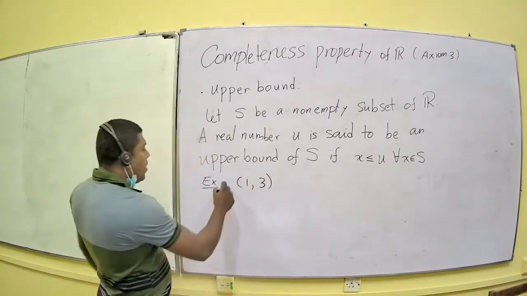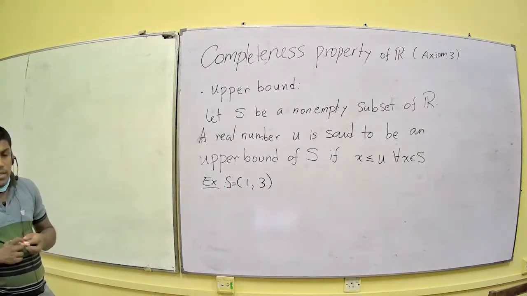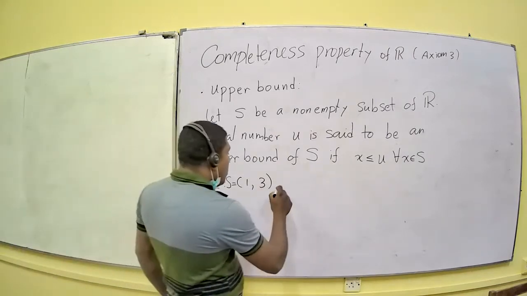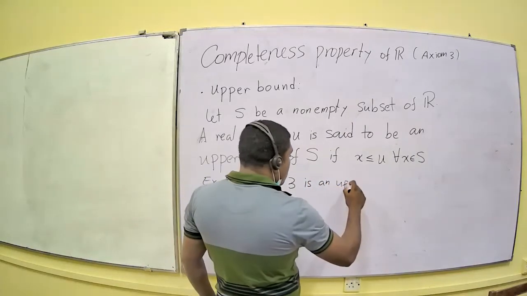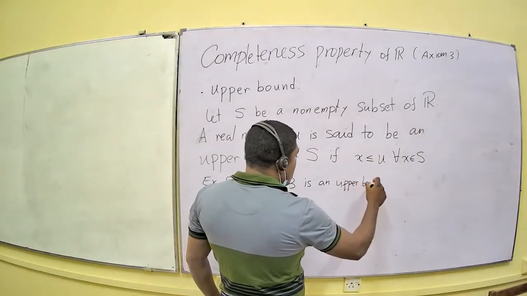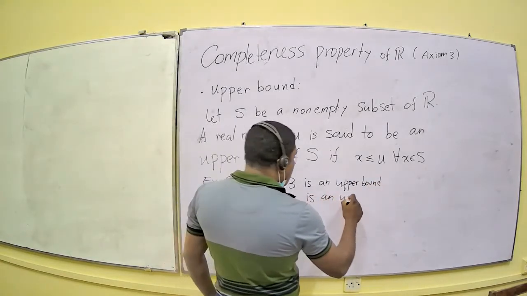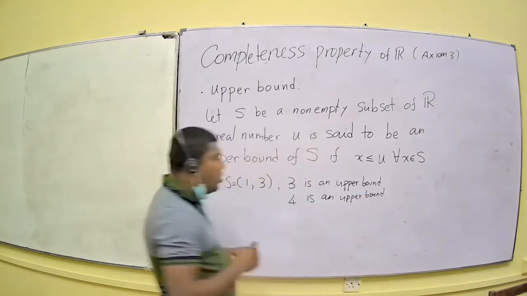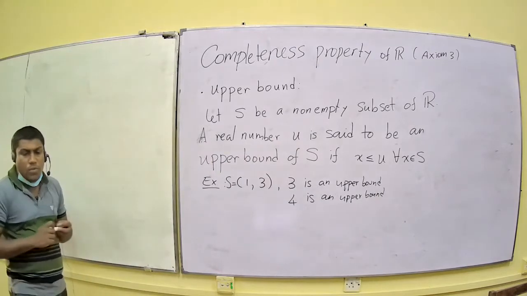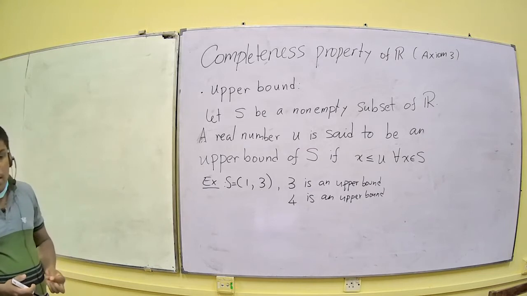we have a set S like this. So S is an interval from 1 to 3. 3 is an upper bound. 4 is an upper bound. You can find several upper bounds for the set, because you can go outside the set as well.